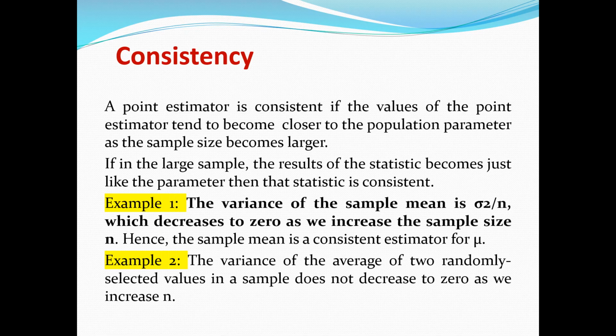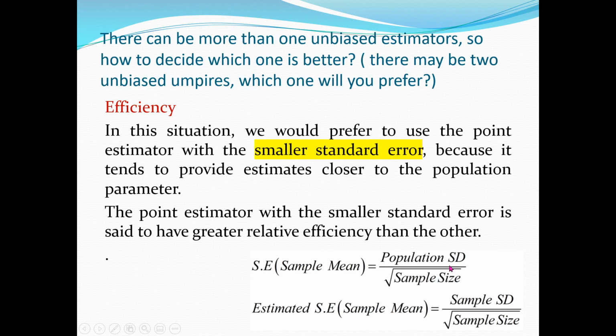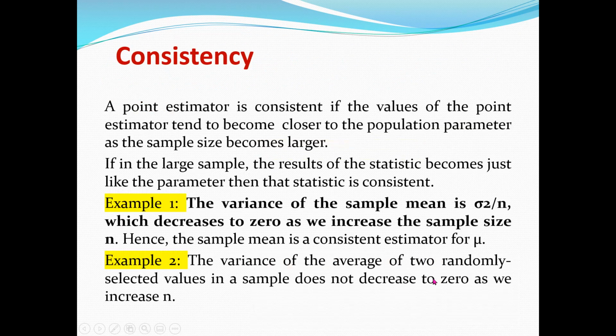For example, for the sample mean, the variance of the sample mean is sigma square over n. Don't get confused, the variance of the sample mean is simply the square of the standard error. It is the population variance divided by the sample size.